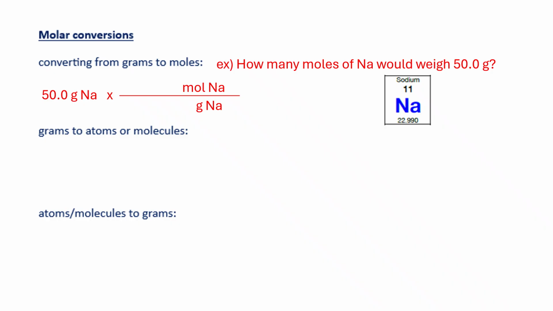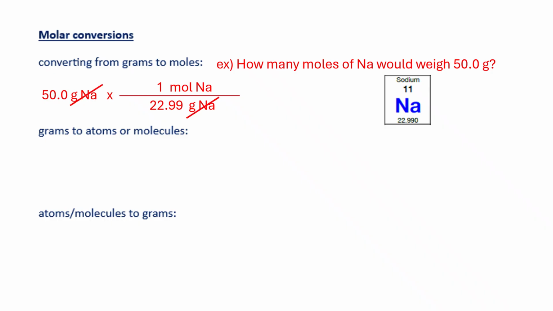So 22.99 would be the number of grams in 1 mole, right? So that becomes the number that goes next to grams, and then I put a 1 next to moles because that's what that number means. It means the number of grams per 1 mole.